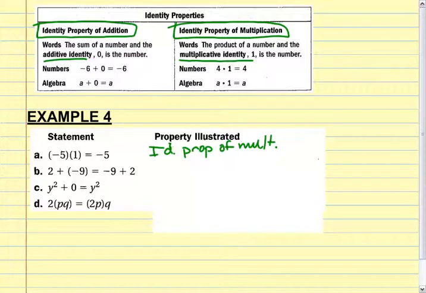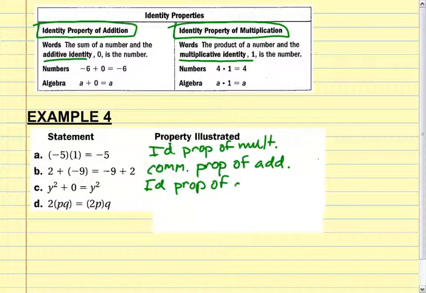Matt? The commutative property of what? Of addition, right? Because they changed order, they moved. Okay? What about the next one? y squared plus 0 is y squared. Joanna? Awesome.